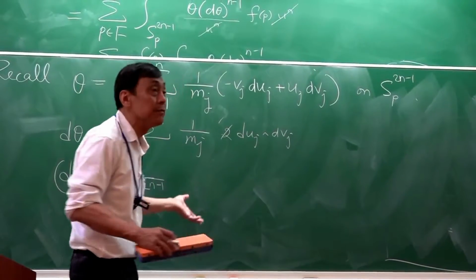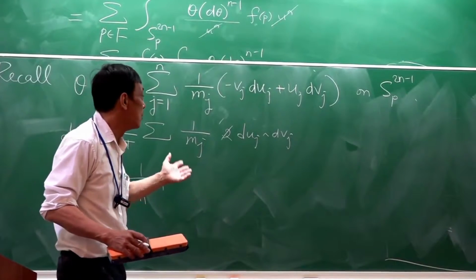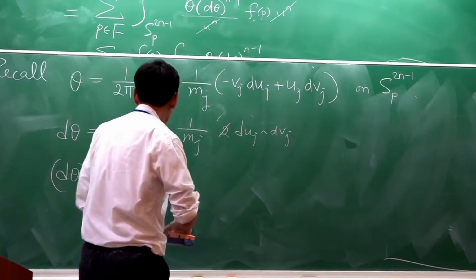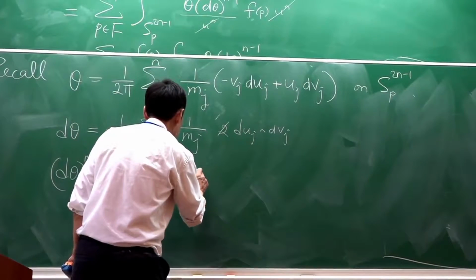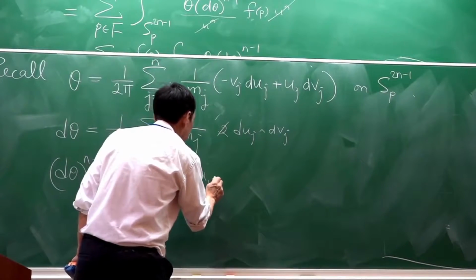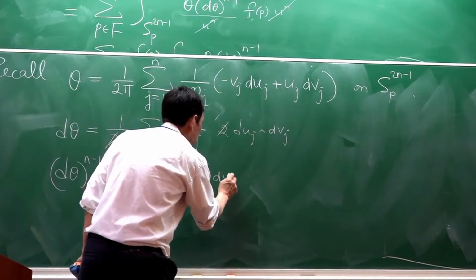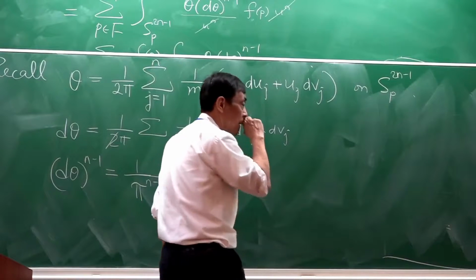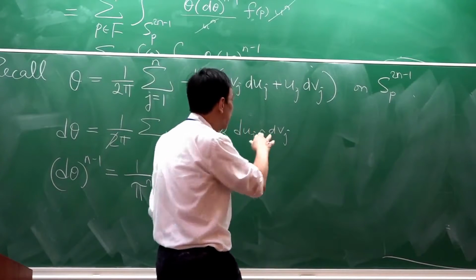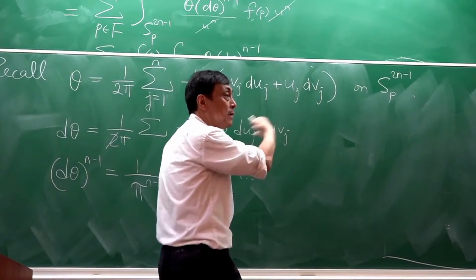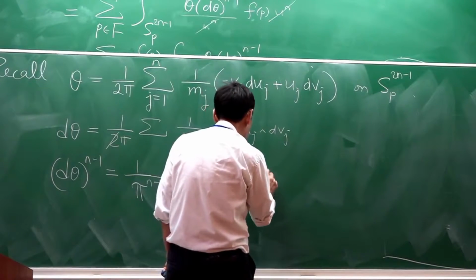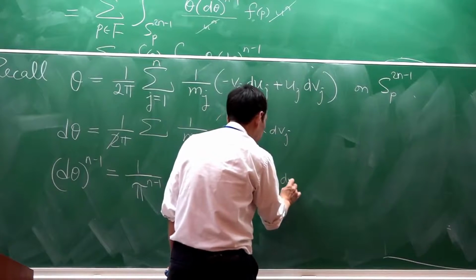So they have to be all different. But you have n minus 1 of them. So you are going to get du1, I'm going to omit the wedge sign, du1 dv1, and so on. You just miss one of them, right? You have n minus 1 terms. So there'll be one that's missing.